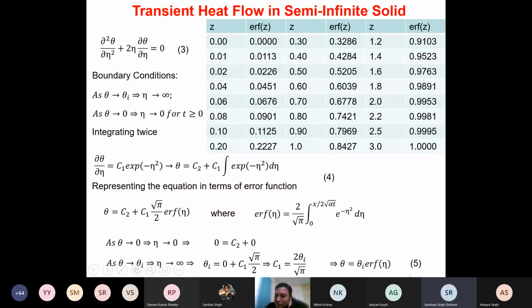This simplified form we get based on that particular condition. But if you use a different form there, some changes you will have here, and then your error function definition also has to be changed, isn't it?